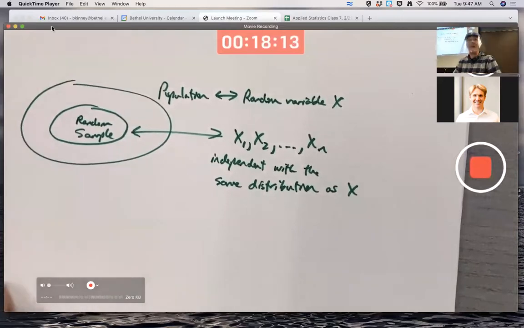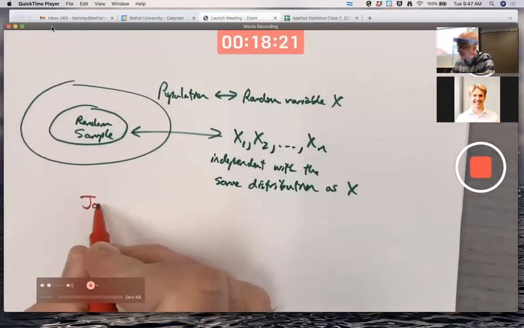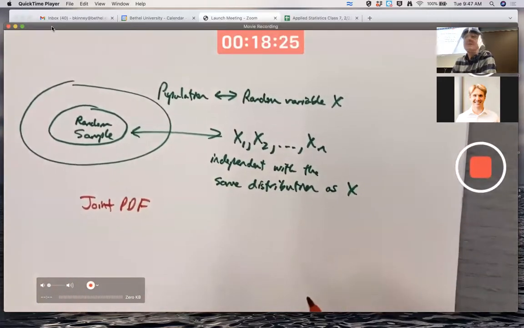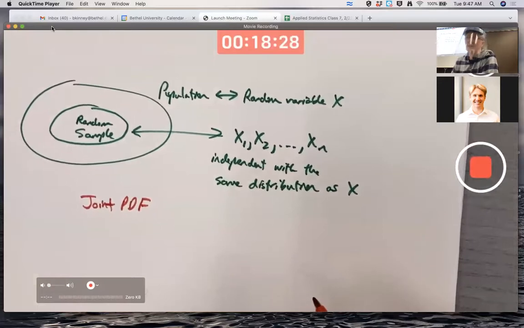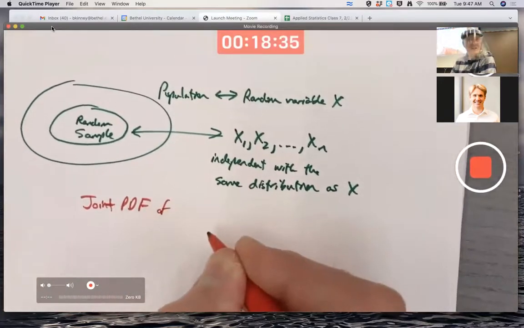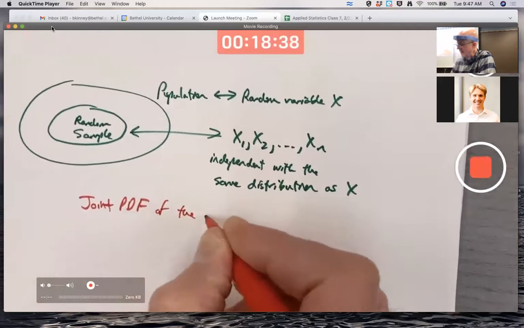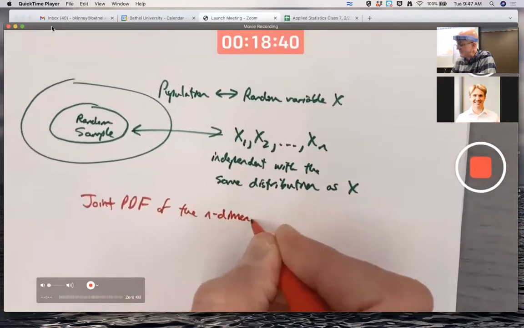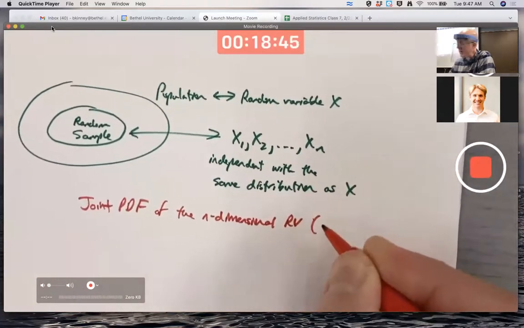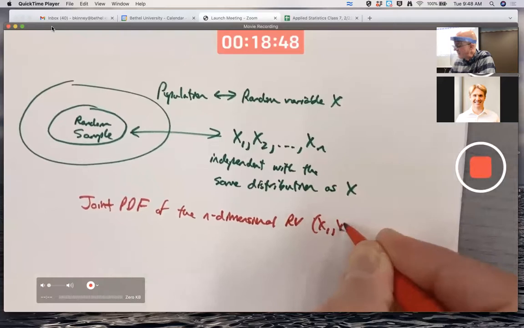And to be real technical about it, what it really means, related to chapter 5, is that the joint PDF of the not bivariate random variable, not trivariate, not quadvariate, but n-variate, I'll call it the n-dimensional random variable, put x1 through xn inside parentheses.